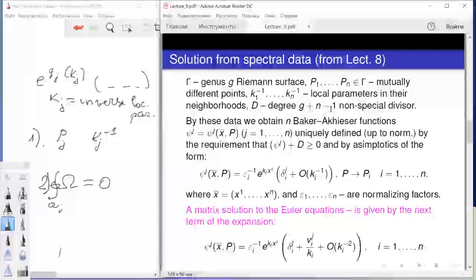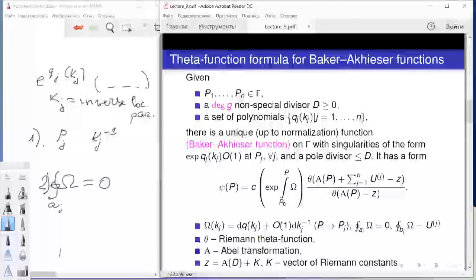By this data we obtain n Baker-Akhiezer functions. So in the last case we had only one function up to normalization, but the degree of the divisor was equal to genus.